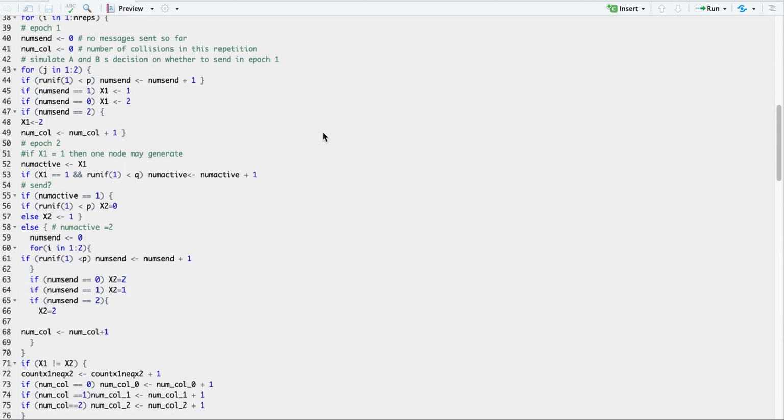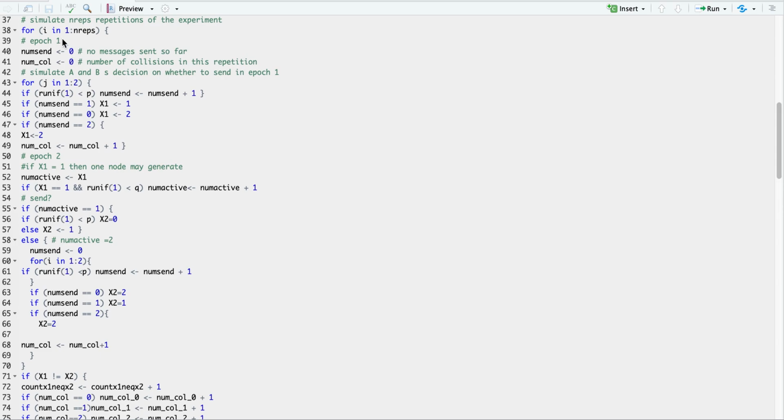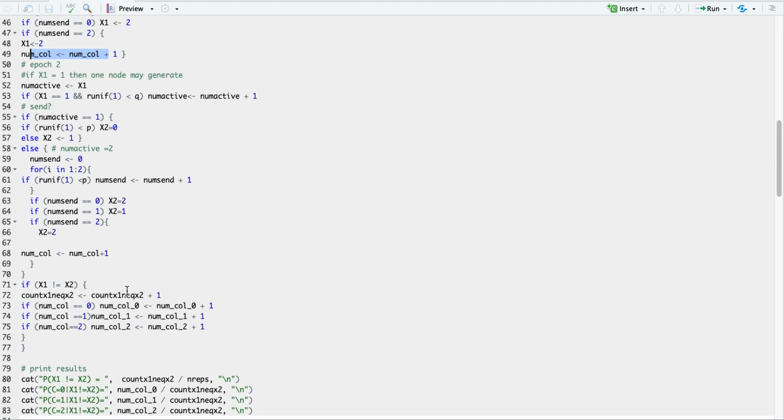If you had just followed the code I had sent you initially during the homework help, or even during the office hours that we discussed, where you just had to run the 2 epochs, epoch 1 right here and epoch 2, find the number of collisions that occurred, numcol, and just increase the number of collisions on both of them, and just find the number of times x1 was not equal to x2, and keep on increasing the value count here.